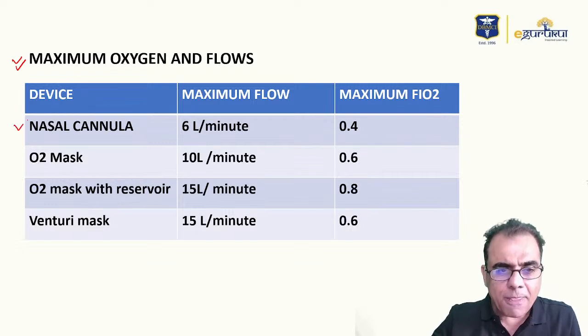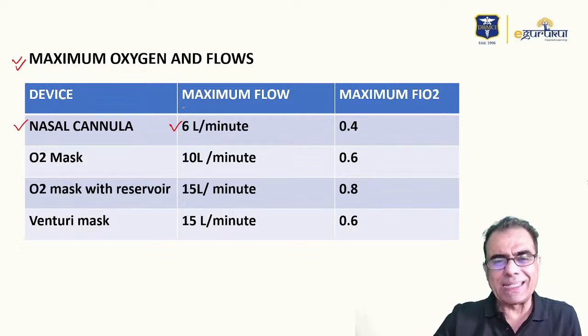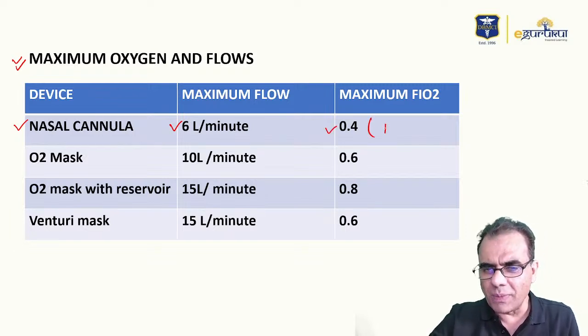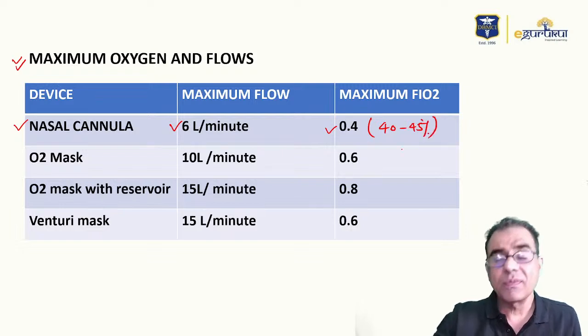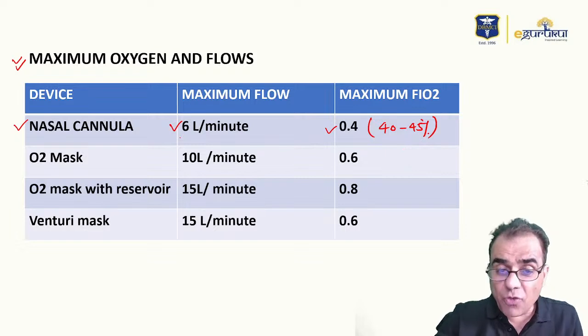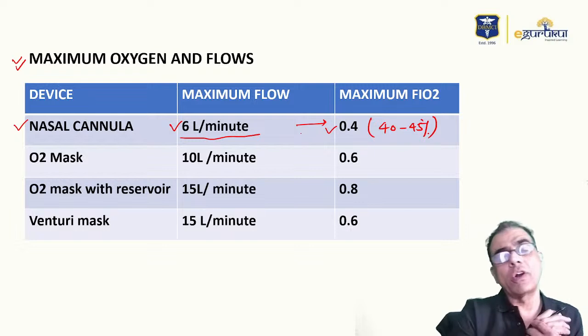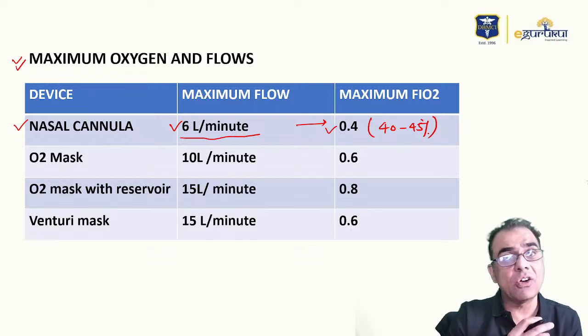Nasal cannula, maximum flow you can keep is 6 liter, and at that 6 liter you will get a maximum of 0.4, means around 40%, 40 to 45% in fact. After that, even if you are giving 10 liter or 15 liter, it is not going to go beyond 40%. So you are just wasting the oxygen.